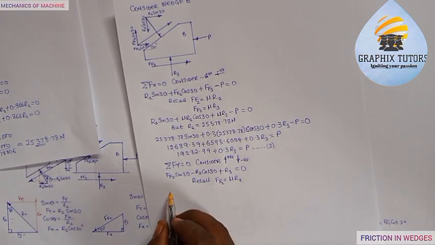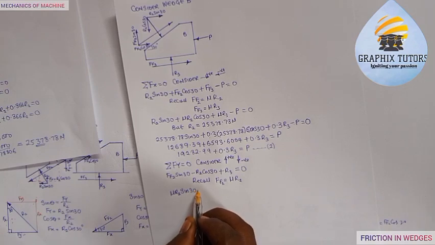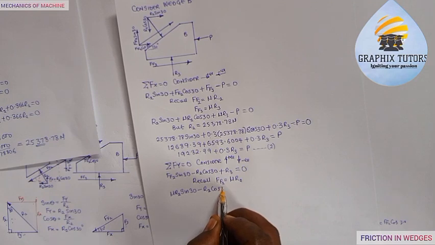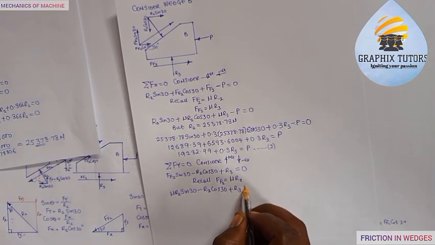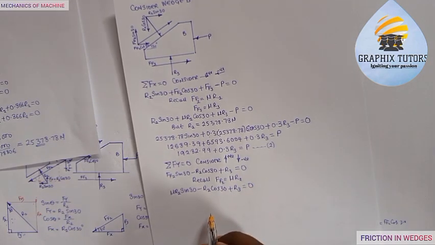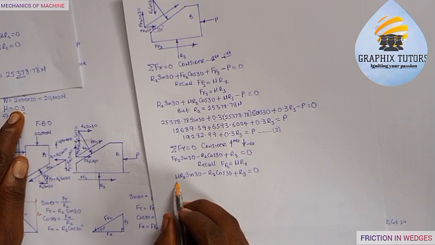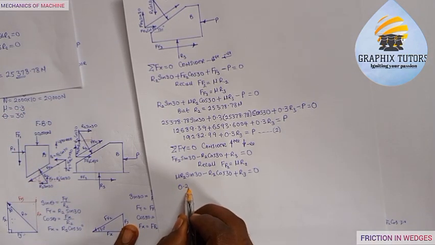So we're having mu R2 sine 30 minus R2 cos 30 plus R3 is equals to 0. Now if I implement it, mu, we know it is 0.2. So I'll have 0.2 multiplied by R2. What is R2?